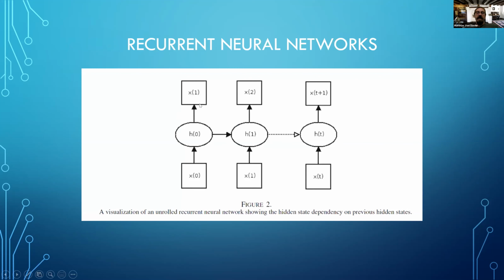And the output is more or less also the input. So you have a sequence x1, x2, x whatever, t plus 1. At the same time, the input is just the previous value, so that you essentially try to predict what comes next based on the sequence of all the previous values.